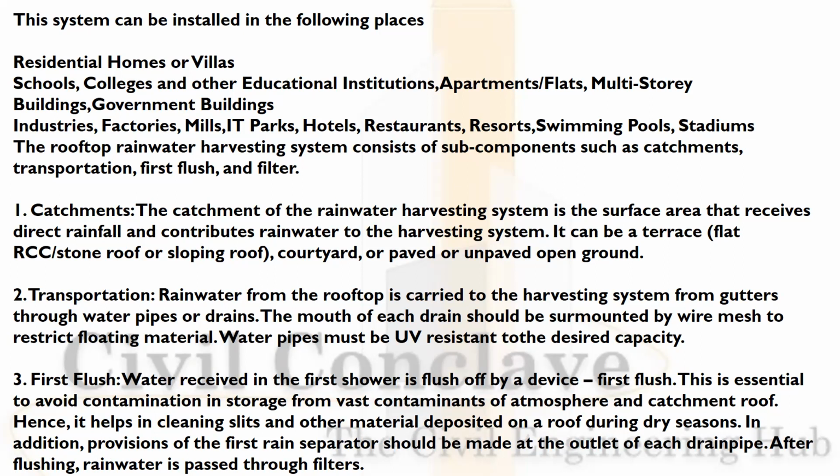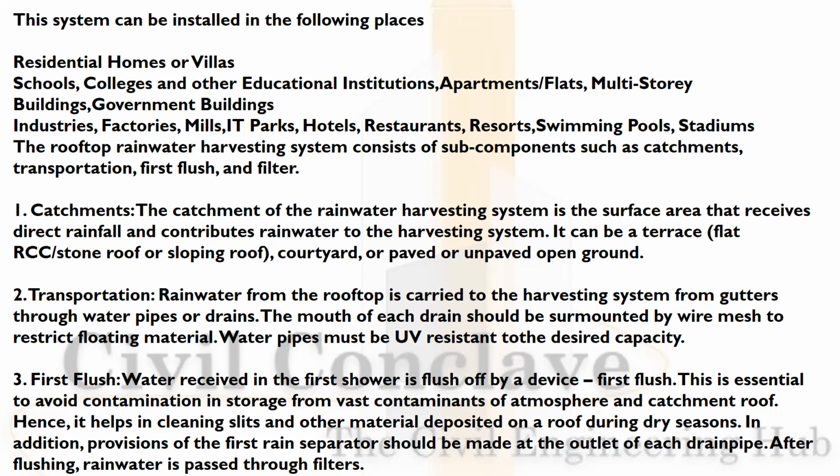Rainwater from the rooftop is carried to the harvesting system from gutters through water pipes and drains. The mouth of each drain should be surmounted by a wire mesh to restrict unwanted materials flowing into it. Water pipes must be UV resistant to the desired capacity.